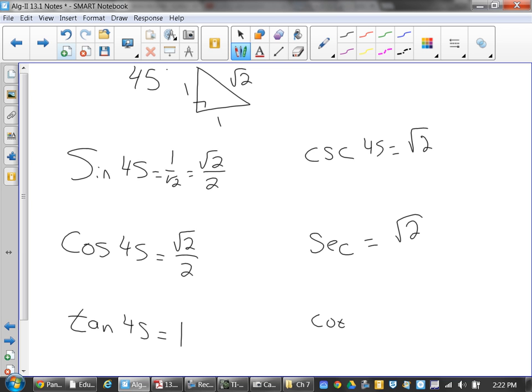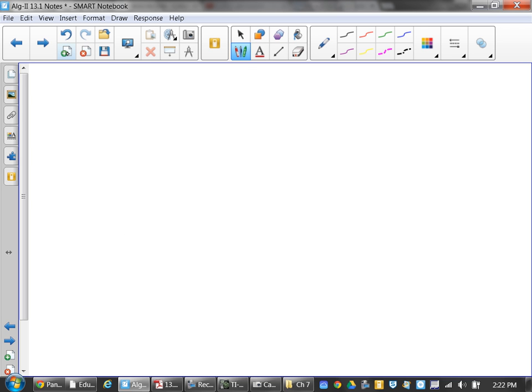Then what's the inverse of 1? 1. Okay, that gets us started. Now in the 30s and the 60s, we do the same idea, but we use 1, root 3, and 2.